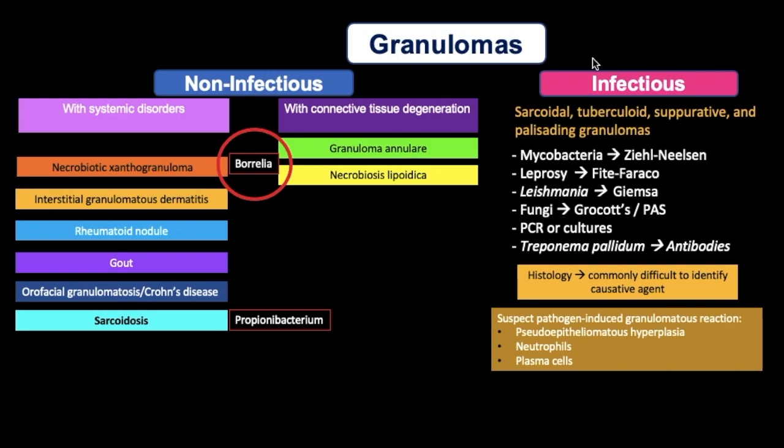So there is an overlap between those two categories, and I'm sure in the future we will see more causative agents, more infectious agents involved with other non-infectious granulomas. So this table may change, or we may find different ways to understand those different diseases.